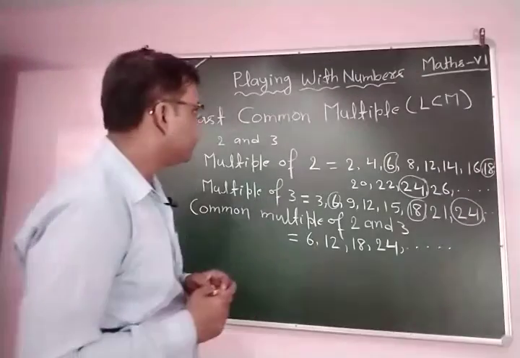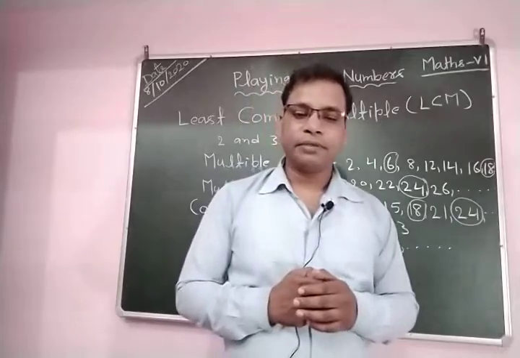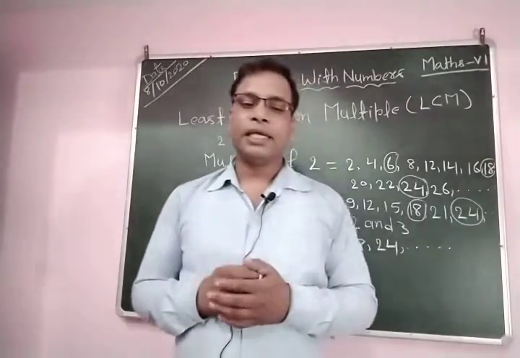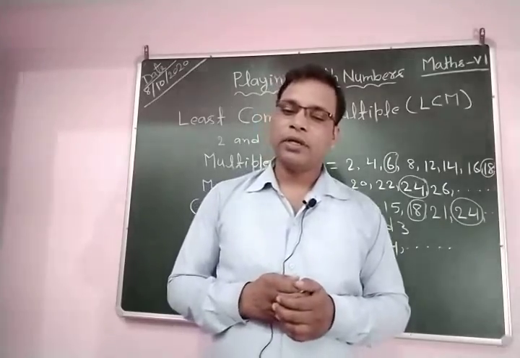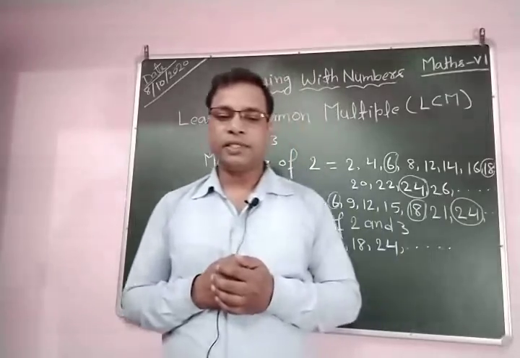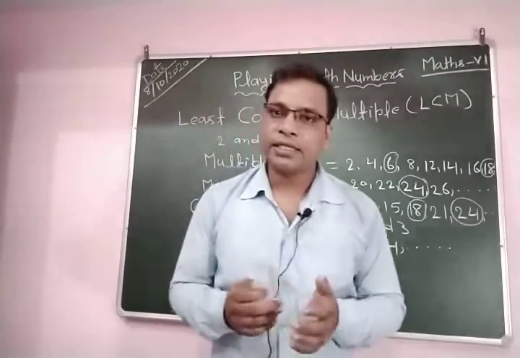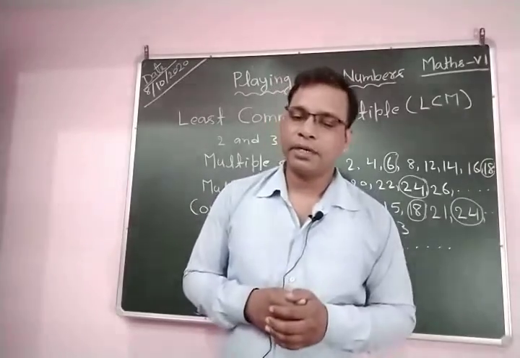But here we need to find the lowest common multiple, or you can say least common multiple of 2 and 3. In short, we can say LCM. So one question arises here: what is the LCM, or least common multiple?